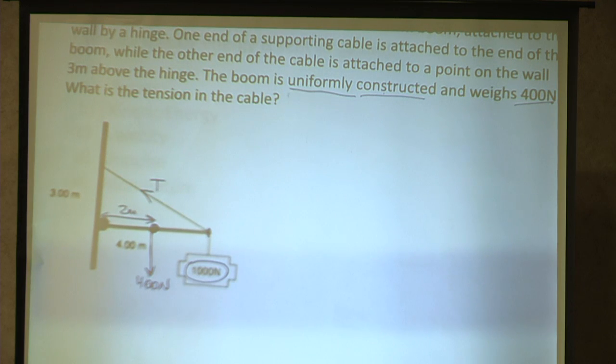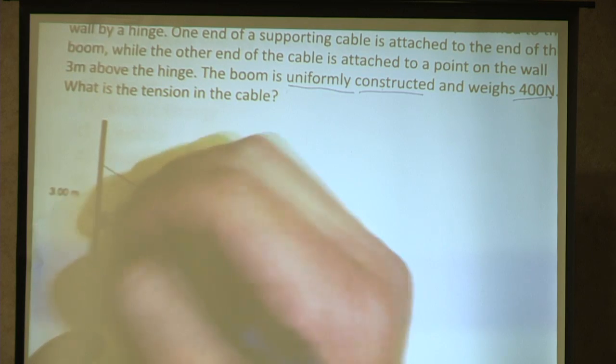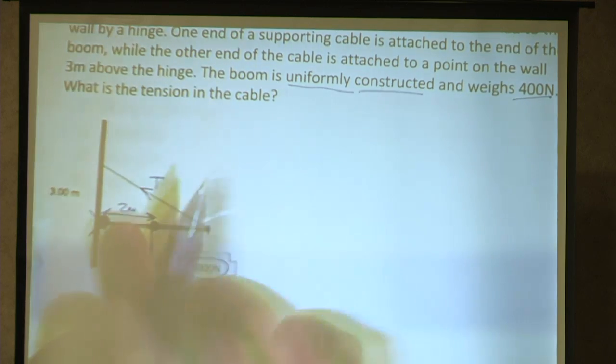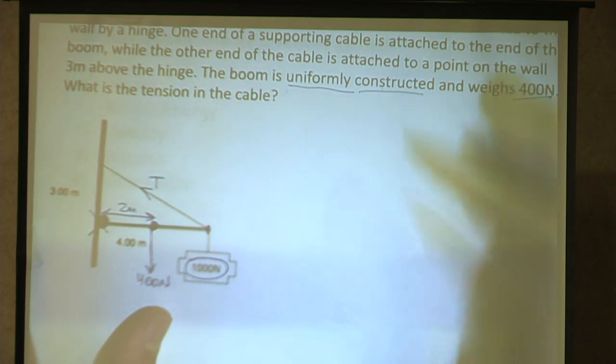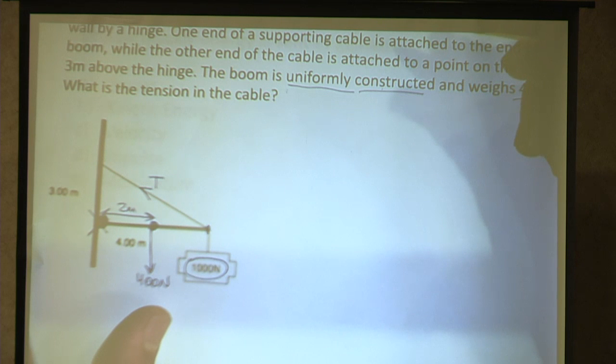And that's because we have a beam rotating and forces preventing it from rotating at the same time. So we're going to consider this point right here to be our axis of rotation. I feel like I'm missing something.